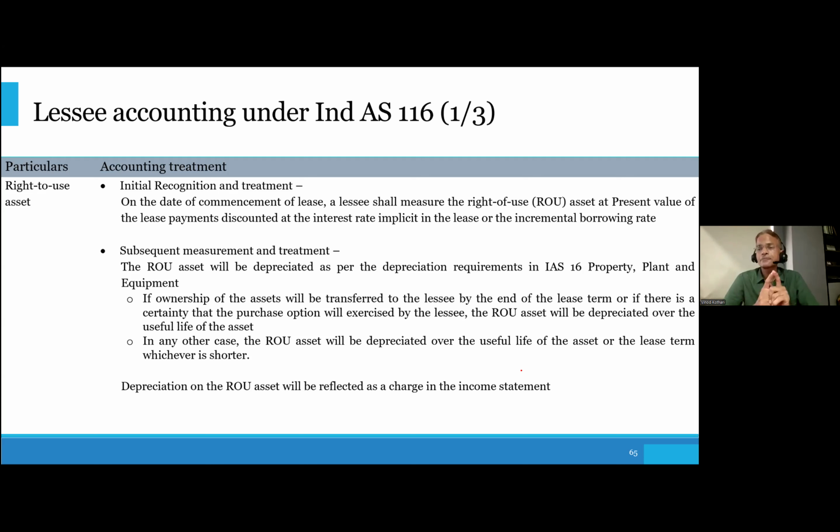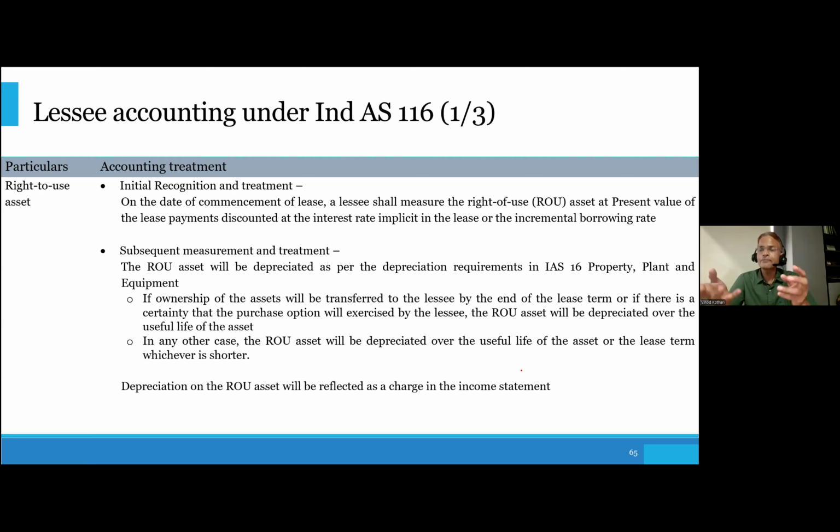In that case, the depreciation will be over the lower of the useful life or the lease tenure. Mostly, the lease tenure would be shorter than the useful life anyway. I think yesterday also I mentioned that the lease tenure has to be shorter than the useful life or economic life of the asset, because if the asset is not even expected to last till the end of the lease tenure, then the lease has no meaning at all.